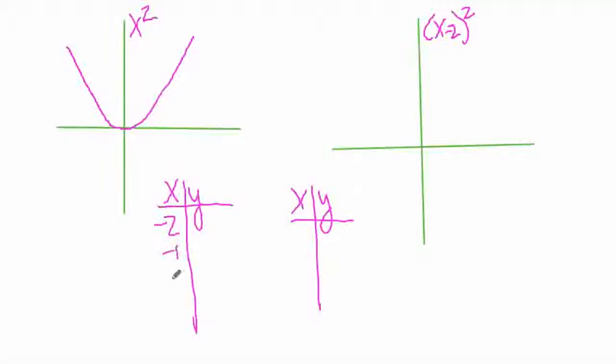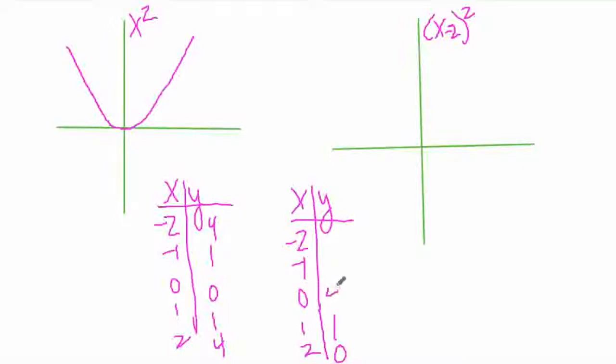So for the original parabola, we had 4, 1, 0, 1, 4. Now the x's are going to be shifted. Well, here, let me write the numbers here. So when I have a 2, I'm going to subtract 2, so that's going to act like the 0. When I have 1 minus 2, that's going to act like the minus 1. 0 is going to act like the minus 2.